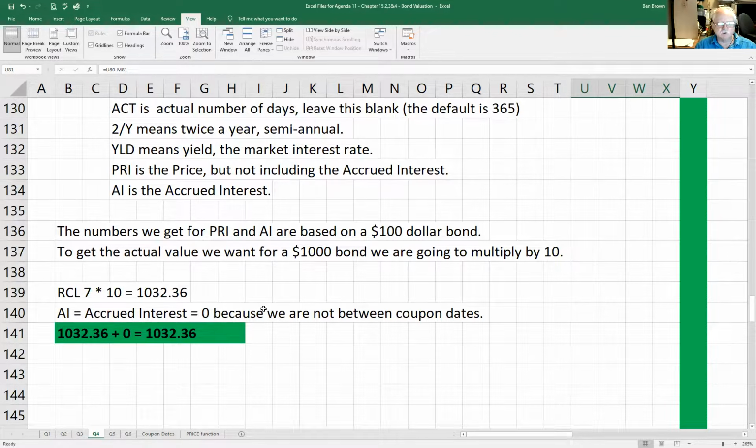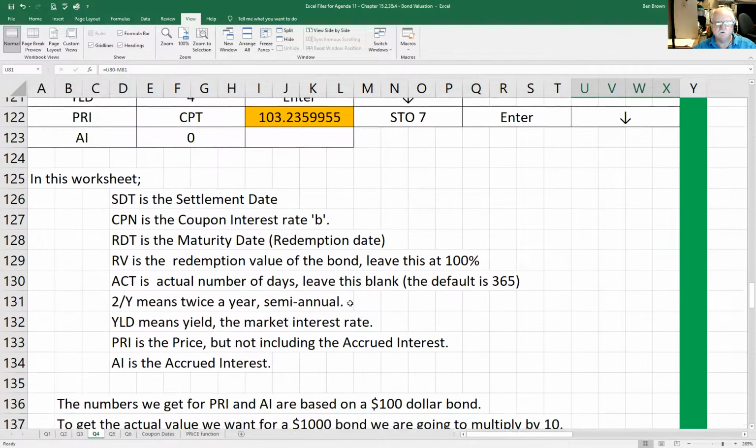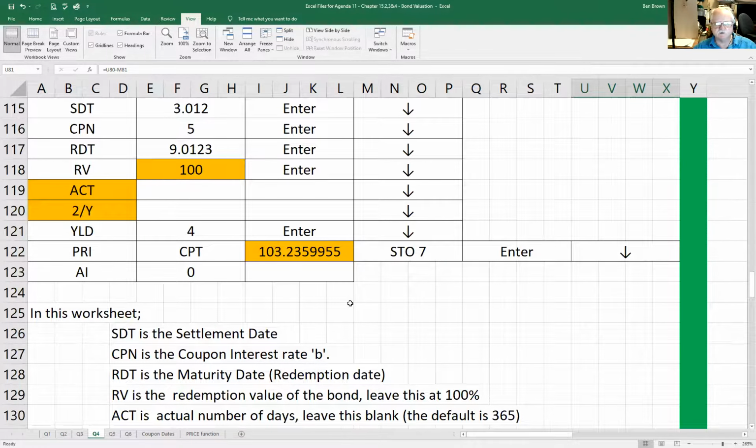And there's no accrued interest, so we're not worried about it. And I didn't bother doing it on Excel because Excel doesn't give us the answer we want here. Excel gives us the quoted price, but we want the actual cash price of the bond.